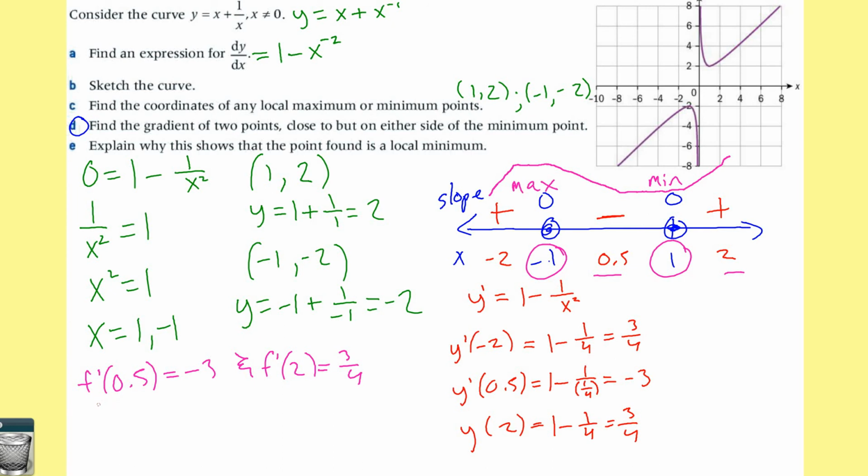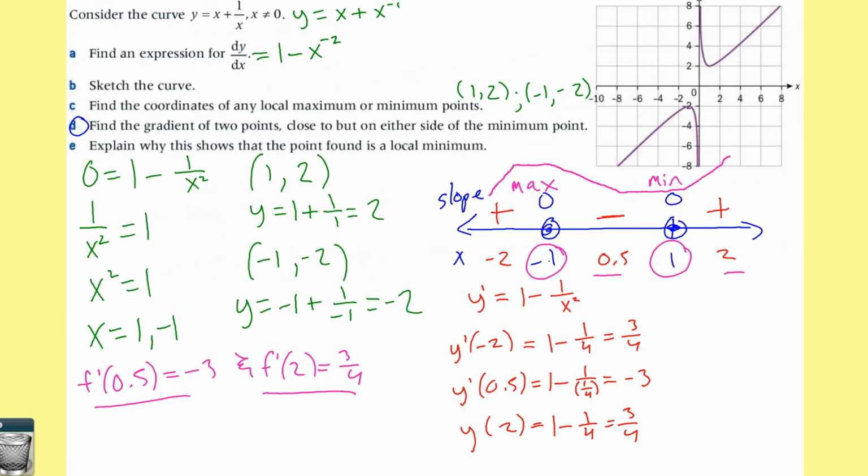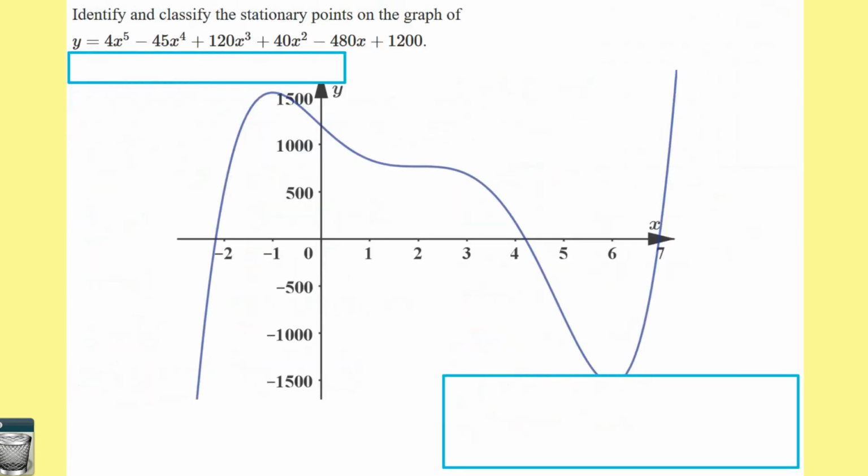Because the left side is negative and the right side is positive, just like we had over here: minimum, negative, then positive. All right, let's do some more.